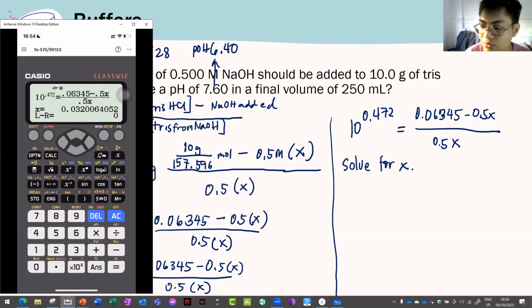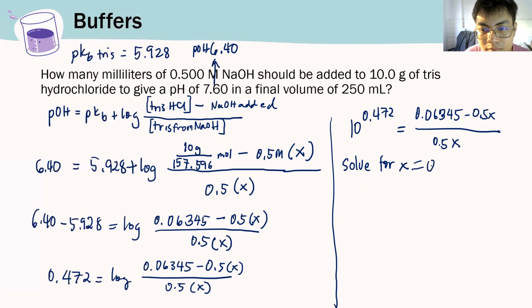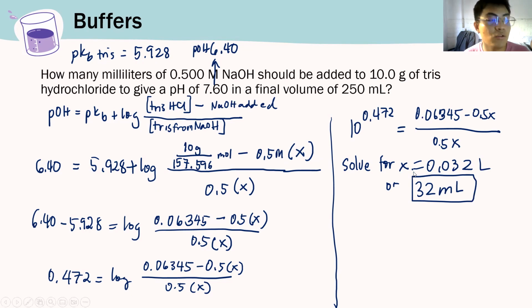So x equals 0.032. That's in liters, because it's molarity times volume in liters. If you want milliliters, you multiply by 1,000. So it's 32 mL. That's how much NaOH you need to add to 10 grams of Tris HCl so that the final pH is 7.6.